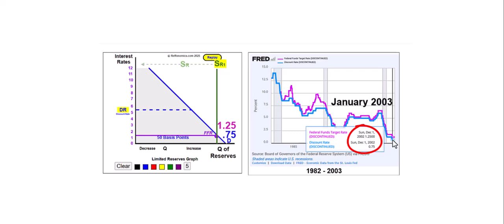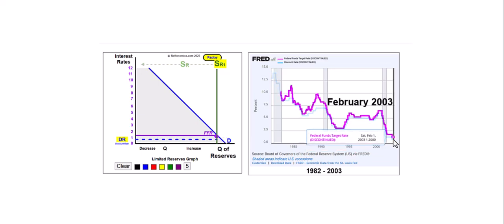So let's drop the discount rate to 0.75 on the limited reserves graph. So we've just lowered the discount rate to 0.75 on the limited reserves graph. Notice now, watch this. On February 1st, 2003, notice that there is no longer a discount rate.